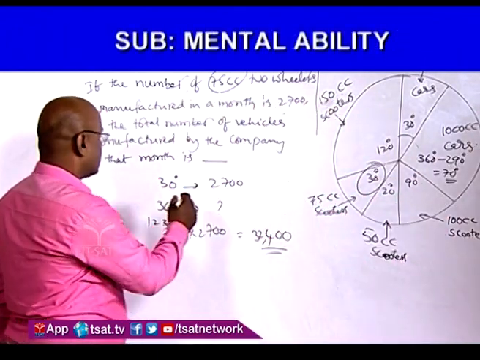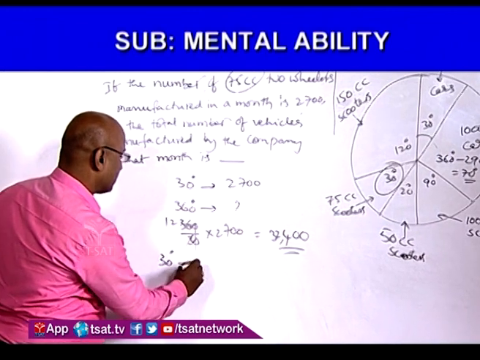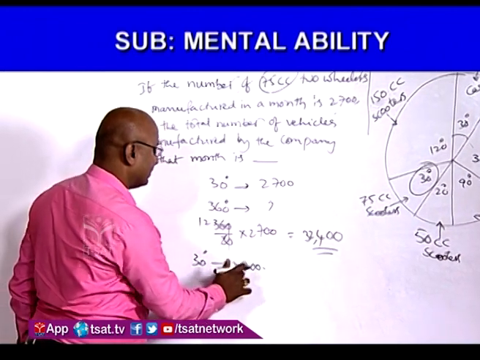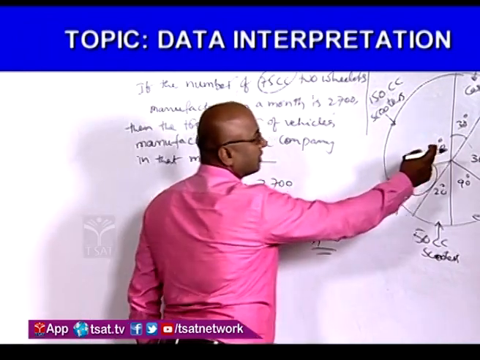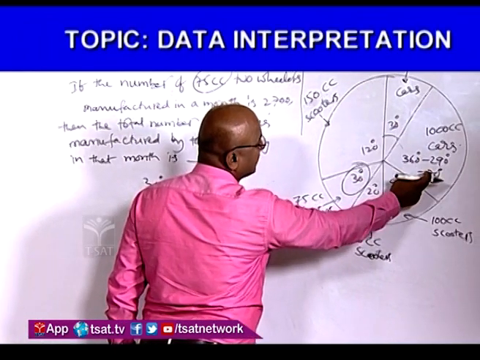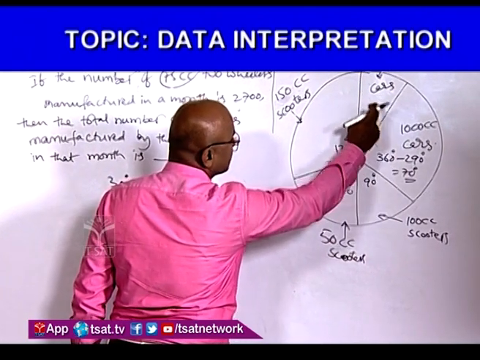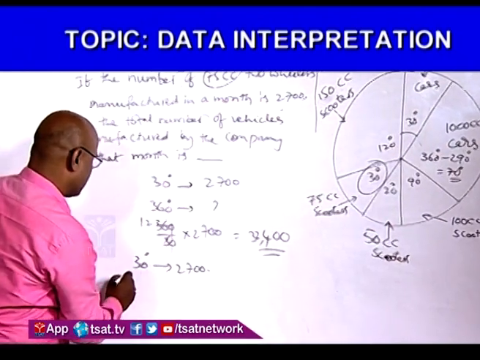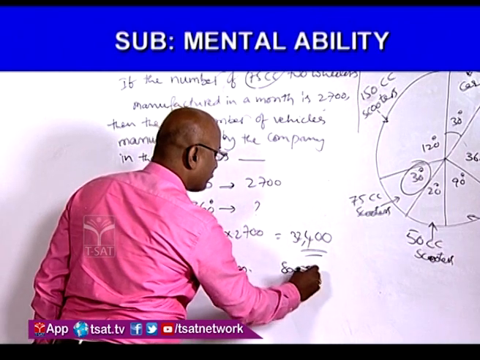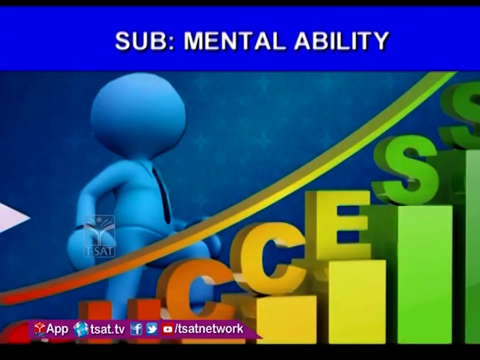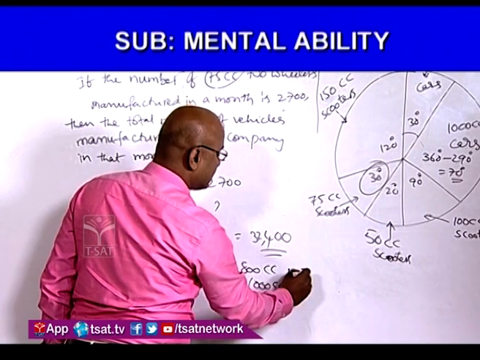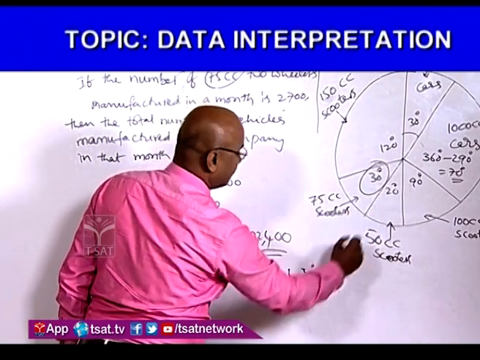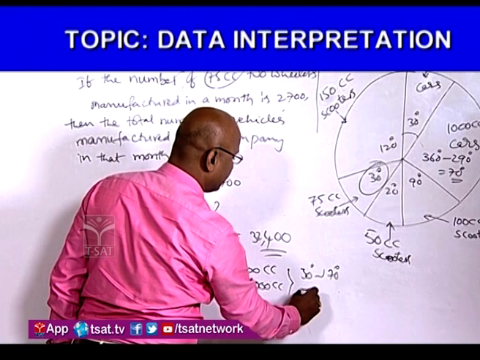Now see, suppose if 30 degrees is equal to 2700, then you need not find out the total production. Directly you can find the difference in the production of 800cc cars and 1000cc cars. What is the difference? 30 degrees and 70 degrees. So the difference is 40 degrees.